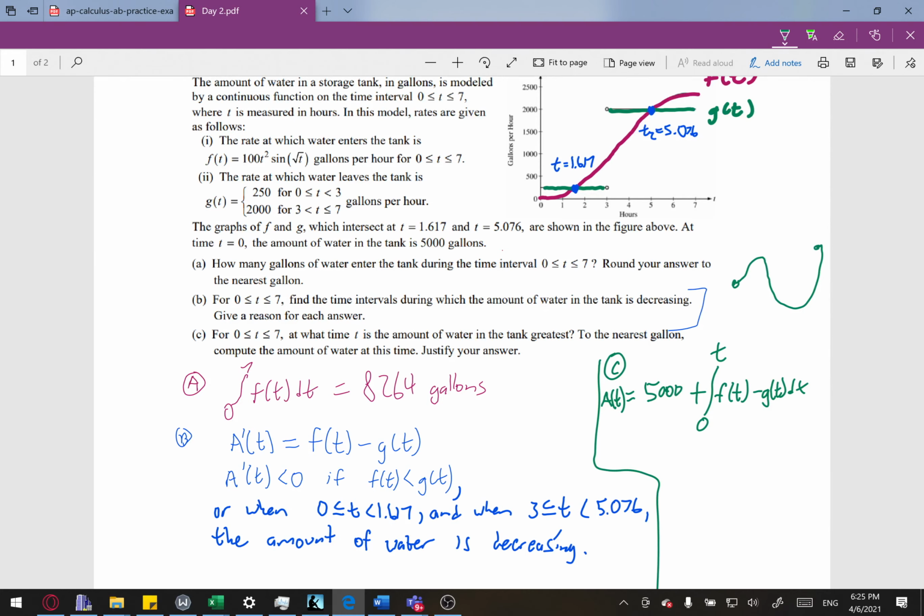Five. Not 5, no. We do have an intersect at 5.076. But there's a point where our piecewise function changes. T3. 3.